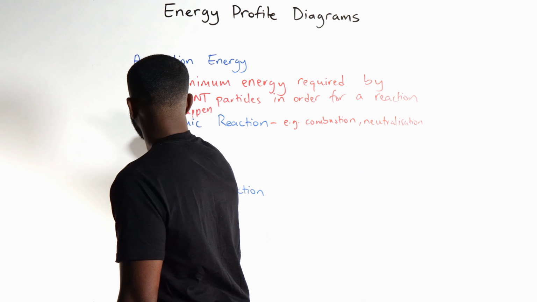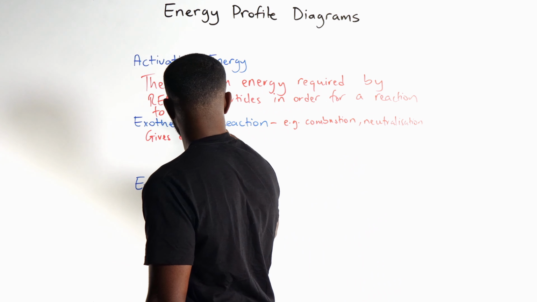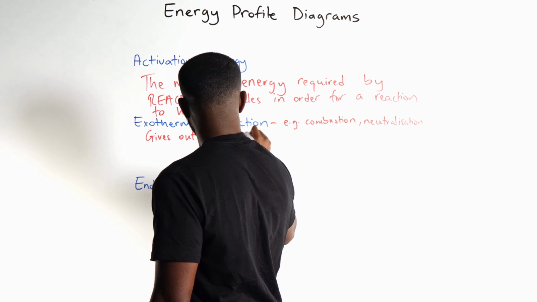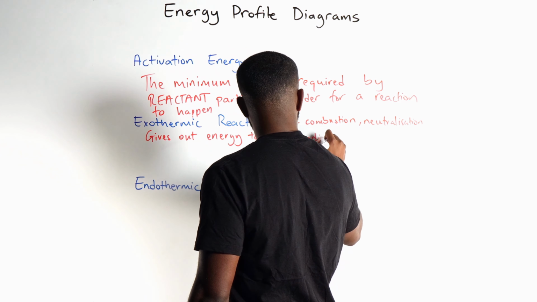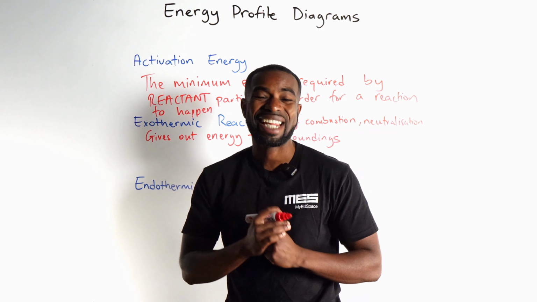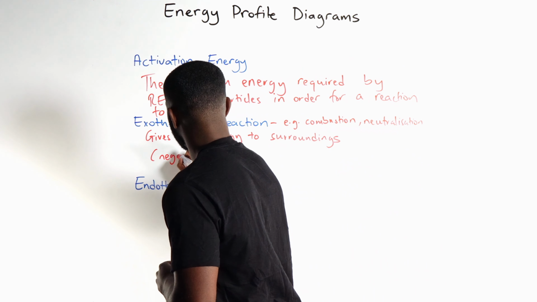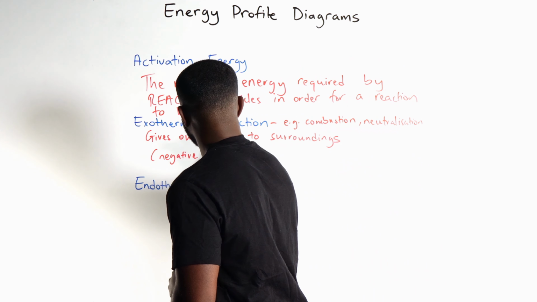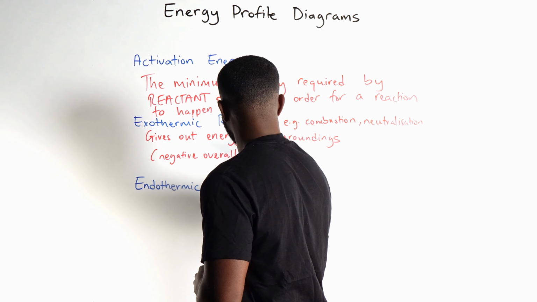So I'm going to just write gives out energy to surroundings. And this is going to give you an overall negative energy change. So negative overall change. That will also be clear when we draw the diagrams.